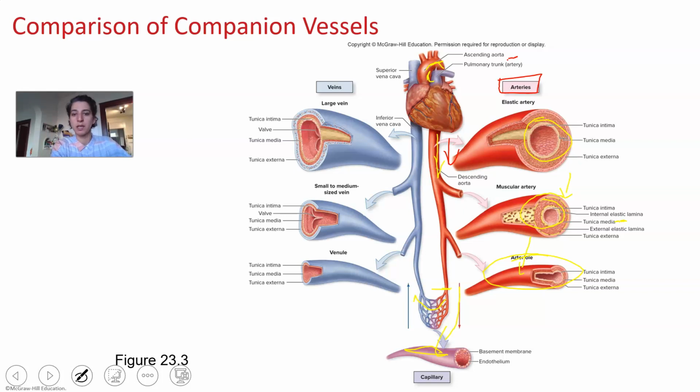The receiving vein from capillary beds is called a venule or small vein. And then as you get larger, you go into small to medium-sized veins, and those are most of the veins that we name. And then you get into large veins. The two major ones that dump into the right atrium are your inferior and superior vena cava. Okay.